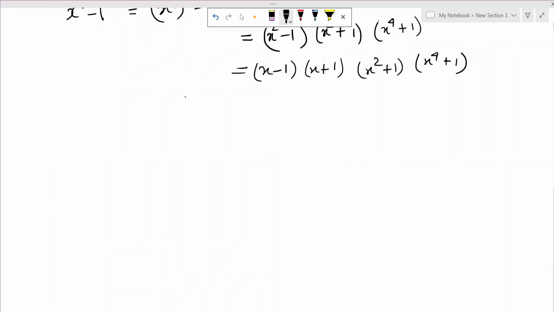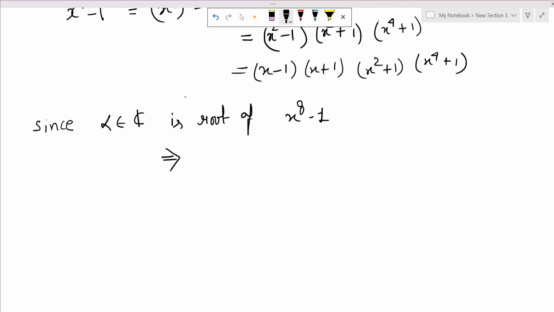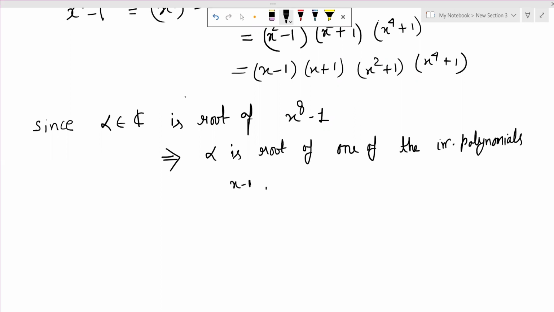So let me write the justification. Since alpha belonging to C is a root of x to the power 8 minus 1, this implies alpha is a root of one of the irreducible polynomials x minus 1, x plus 1, x squared plus 1, x to the power 4 plus 1.